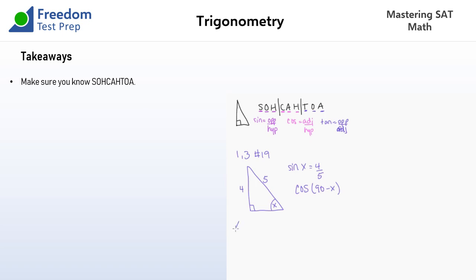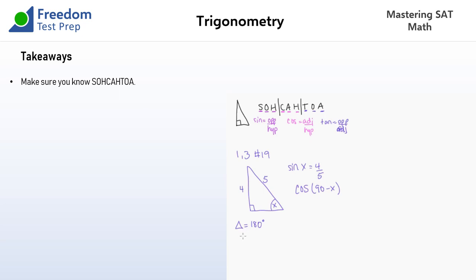We know that a triangle has 180 degrees. And if you don't know that, you need to know that. It's also given in the reference information in the beginning of every section 3 and 4.